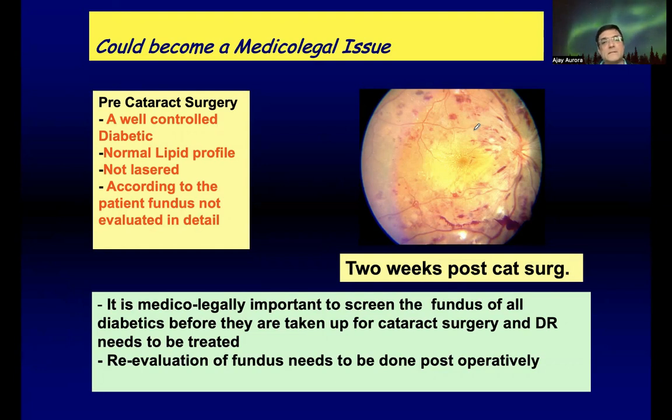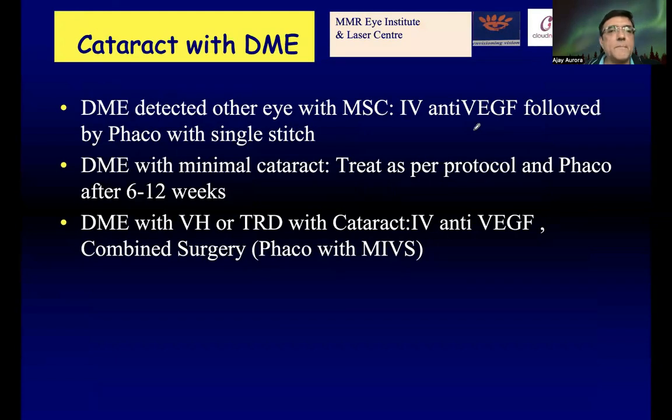If cataract surgery is mandatory, if it is a uniocular patient who cannot function without the cataract being out, you can give an anti-VEGF, tell the patient that macular edema may worsen, put in a stitch, do the cataract surgery, and have it evaluated by a retina colleague so that intervention can be done as soon as possible, maybe within a few days after cataract surgery. It's medically important to do this.